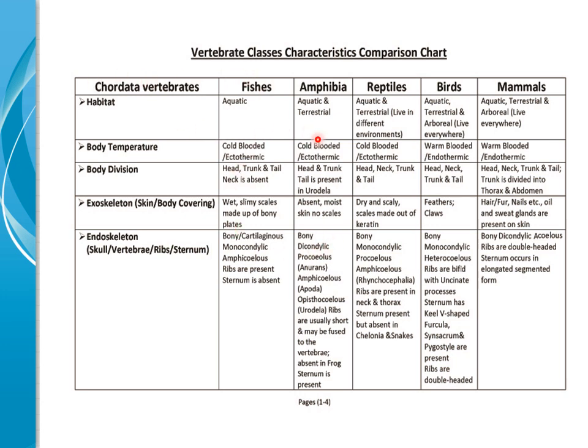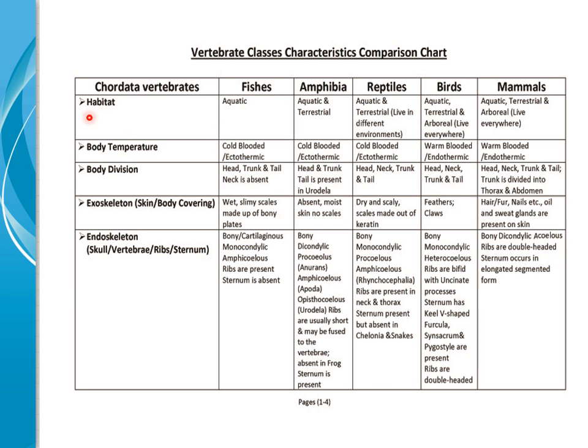So this is a chart showing the different characteristics of the classes of subphylum Vertebrata of phylum Chordata. The different classes of Vertebrata are fishes, amphibians, reptiles, birds and mammals.